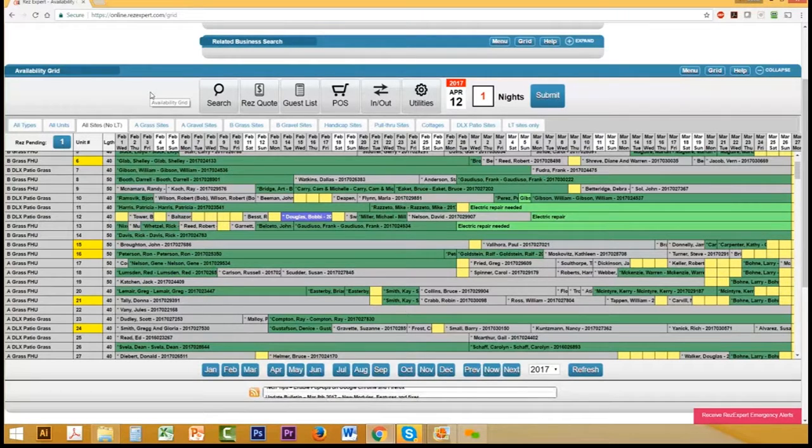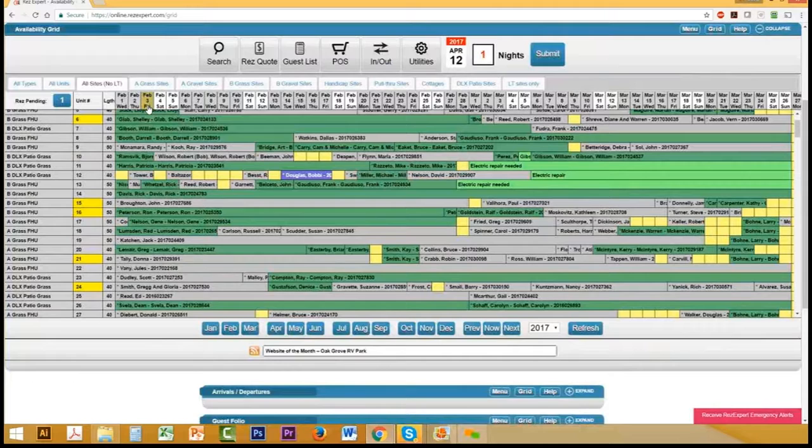And they'd look on the grid, and if you look on the grid, the one that's displayed right now, on February 17th, if you look at site 10, that's a B Deluxe patio grass, right? And it's available the 15th to the 17th. And then if you look 2 down on the 18th, there's also a B Deluxe grass available on the 18th.